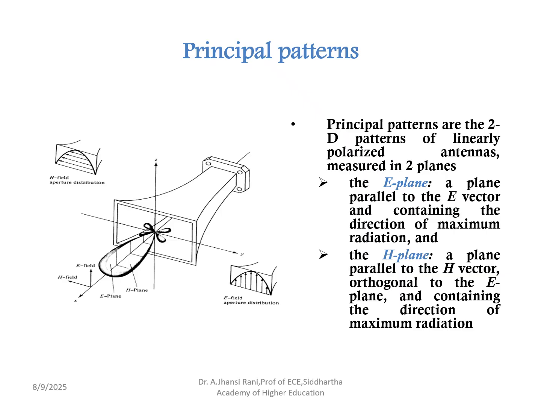So when the E plane is in the vertical direction, the H plane is in the horizontal direction, parallel to the vector orthogonal to E, and containing the direction of the maximum radiation. The direction in which you have the maximum is called the H plane. So here for this antenna, the H plane is horizontal, and the E plane is the vertical direction.